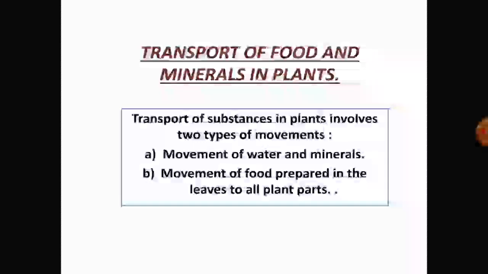Hello students, today we will be starting our chapter Transport of Food and Minerals in Plant. Now we know that plants prepare their own food by a process known as photosynthesis, and they need water, carbon dioxide and sunlight for this process.